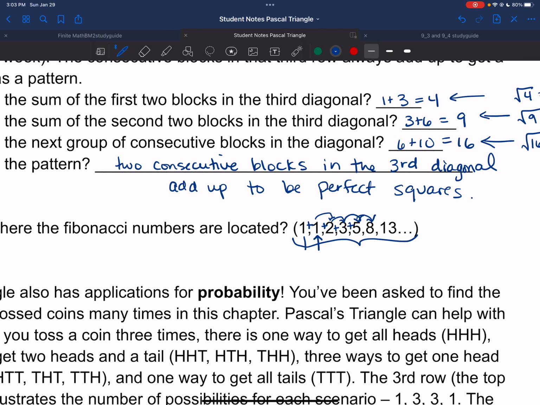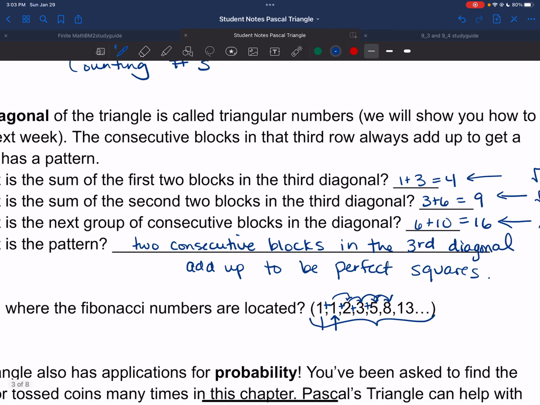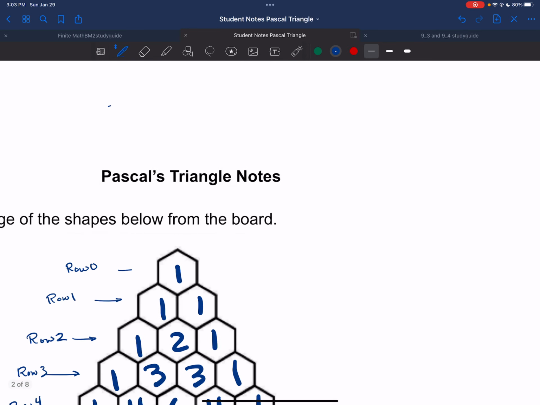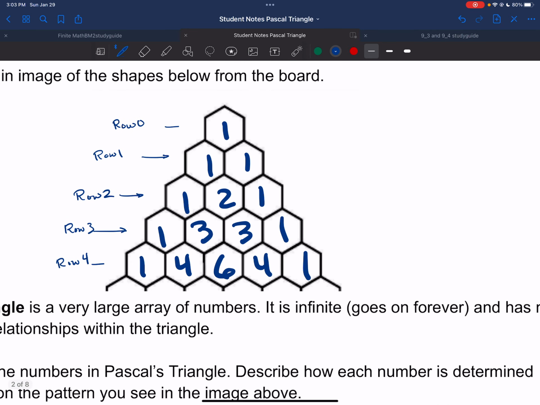That pattern also exists in Pascal's triangle, believe it or not. So I'm going to go over here to this one, and I'm going to have to put a little 1 here so that we can get all of our blocks done. So if I take this and I go through this diagonal, I'm left with 1. If I go through this diagonal, I have another 1.